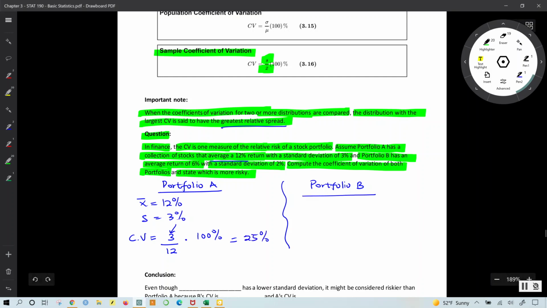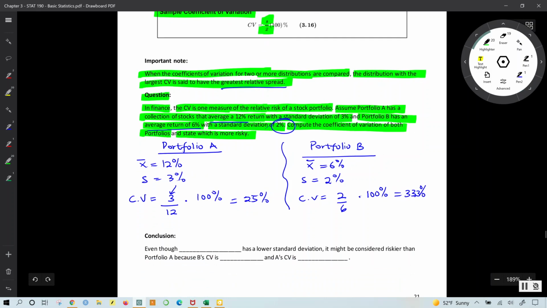On the other hand, for portfolio B, the sample mean average is 6%, and the sample standard deviation is 2%. So the coefficient of variation will be 2 divided by 6 multiplied by 100%, and that will be equal to 33%, approximately, or 33.3%, if you will.